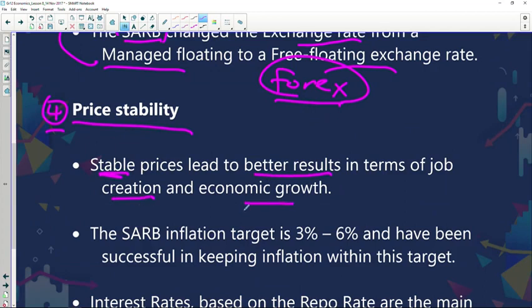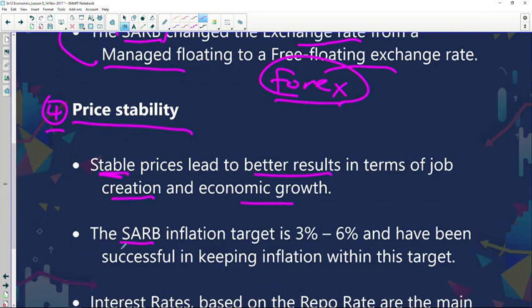If our prices are stable, that means there is less inflation, because inflation is a general and considerable increase in prices. So stable prices will lead to better results in terms of job creation and economic growth.